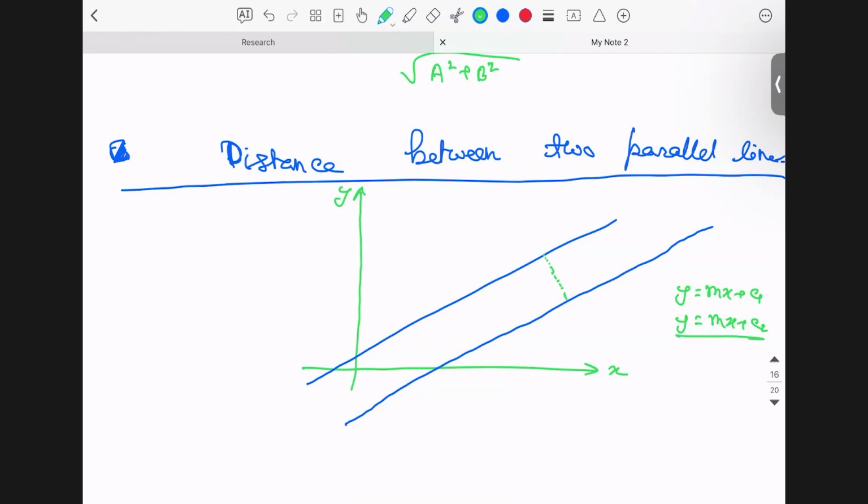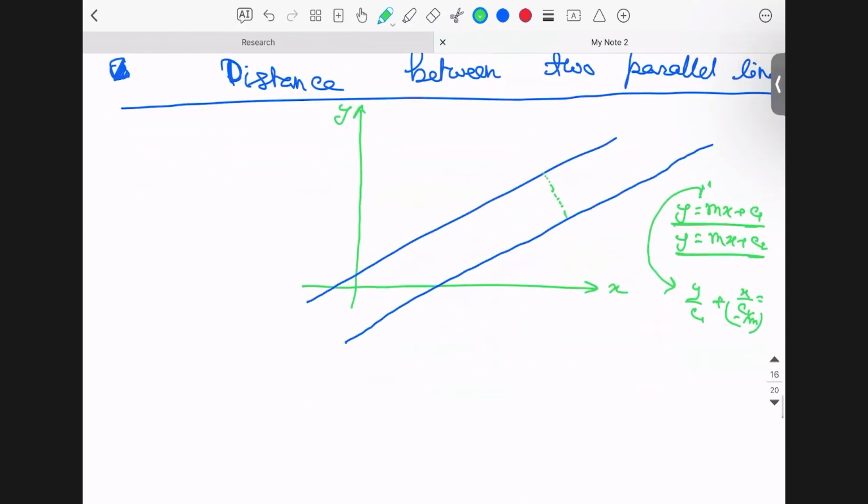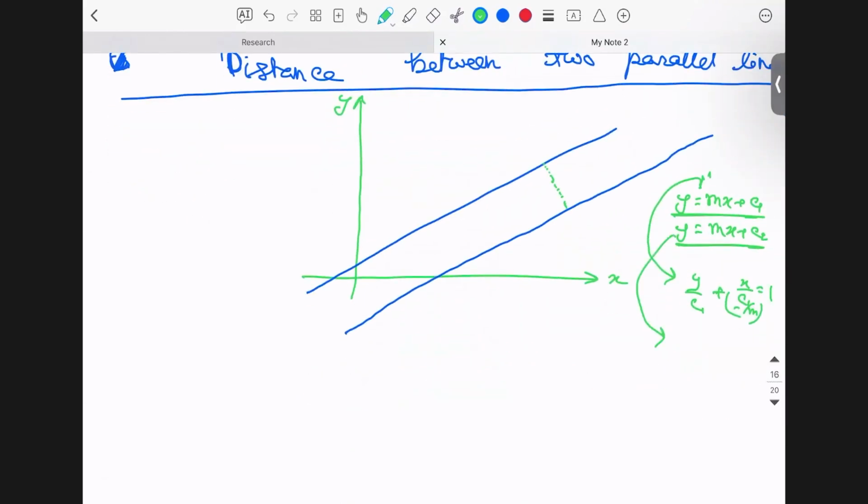Now from here, if we consider the equation of the straight line, then we can clearly see that if we put it in the intercept form, or you can put it in the x-intercept form, what we will get? Like this will give us y by c1, x by minus c1 by m equals to 1, and this one gives us y by c2, x by minus c2 by m equals to 1.